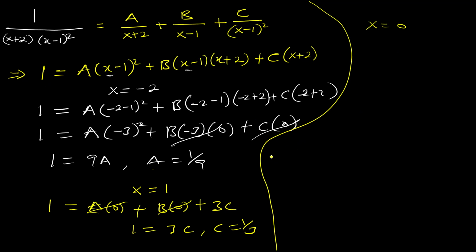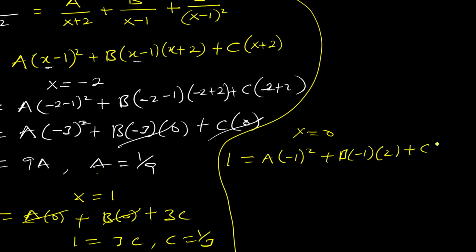Let me start from here. When x is equal to 0, I have 1. I put 0 here, get minus 1, A times (minus 1) squared, plus B. This side, put 0 here to be minus 1, this to be 2.